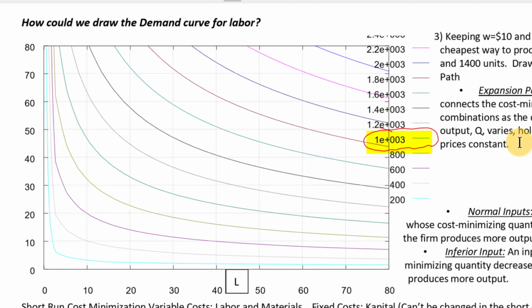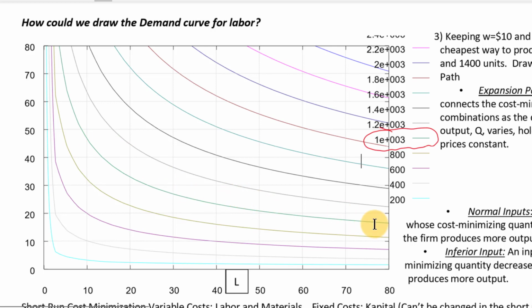So 1E003 means 1 times 10 to the third, or 1,000 units. And so that's this one that runs right along here in our Isoquant map. Our goal is, given that the price of labor is $5 per unit and the price of capital is $20 per unit, to find, out of all these different possible ways to produce 1,000 units, which one is the cheapest.